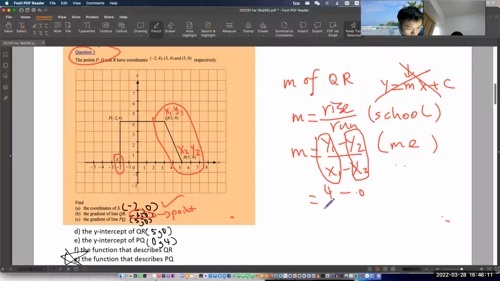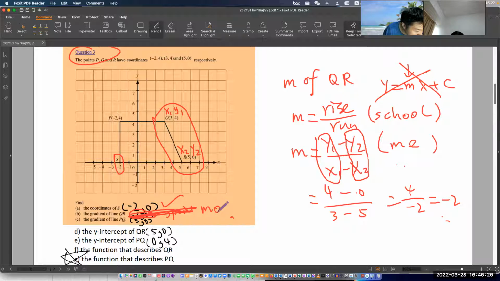Y2, 0. X1, 3. X2, 5. So it's 4 over negative 2, so the gradient for this is negative 2. So I write down MQR is negative 2. Then for the gradient of PQ, which is here.